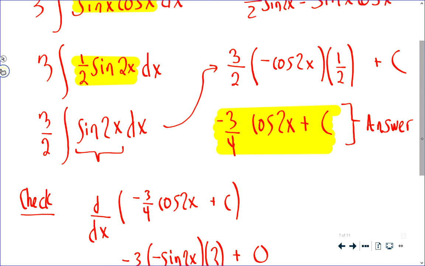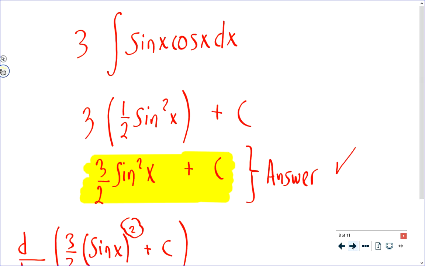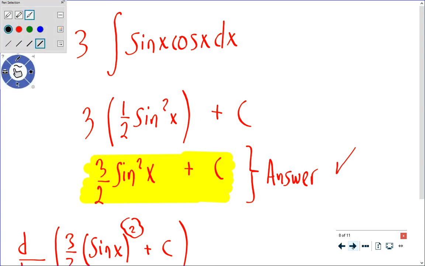By the way, instead of saying it is what I have highlighted here, you could also say that this is equal to -3/2 cos squared of x plus a constant.